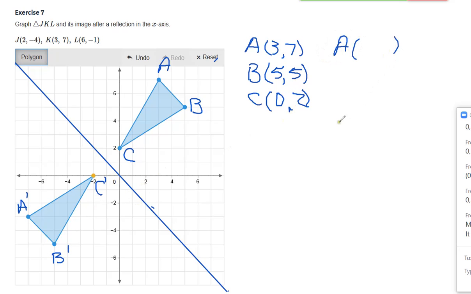Tell me what the coordinates are of A prime in the chat there. Good, Shane. Put in the chat what the coordinates are of A prime. Okay, Shane, you are correct. So is Amy. So is Noemi. So is Adrian Ramirez.